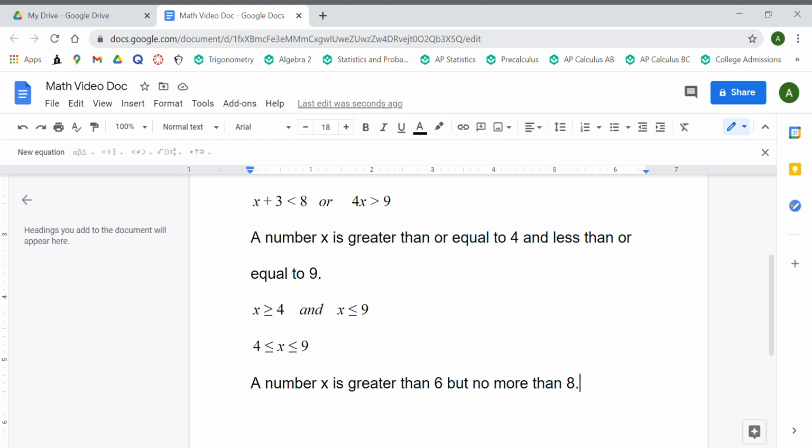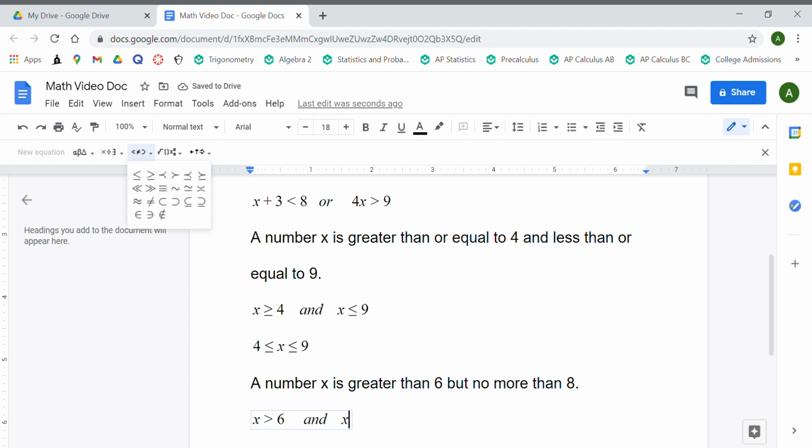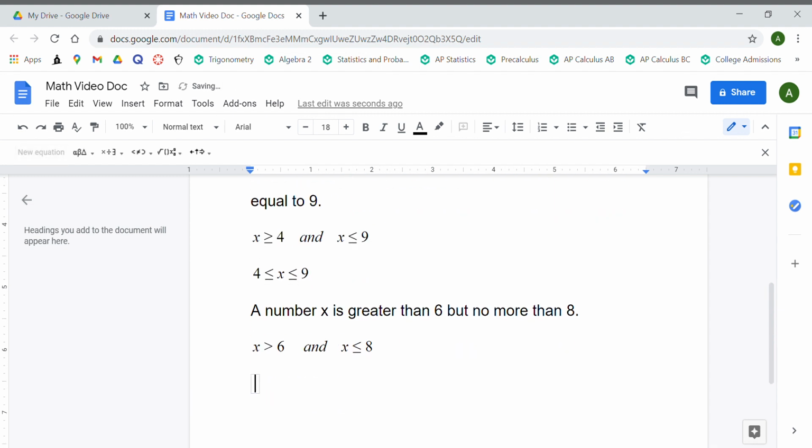Okay, so we have a number x is greater than 6, but no more than 8. So we're going to write the informal definition for the inequality first. And notice that no more means less than or equal to. Remember that the signs need to be pointing in the same direction, so for this first one we are going to flip the terms and the symbol.